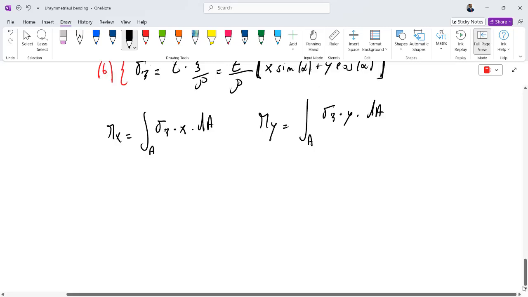So from here we can say that this integral must be positive.